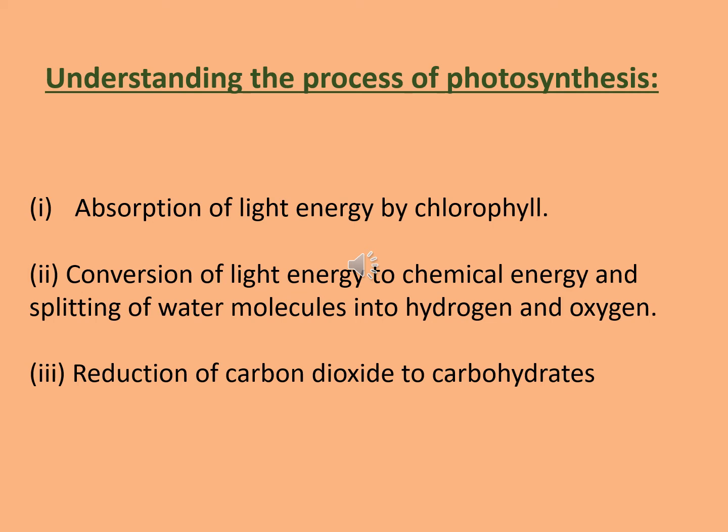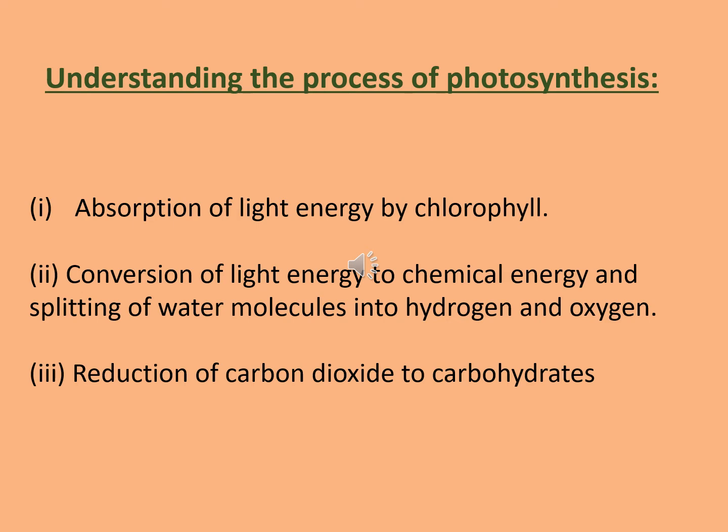As we have seen in the previous slide, the chloroplast plays a very important role in the entire process of photosynthesis. We have learned that the entire process of photosynthesis can be divided into two basic parts, that is the light dependent part and the light independent part.